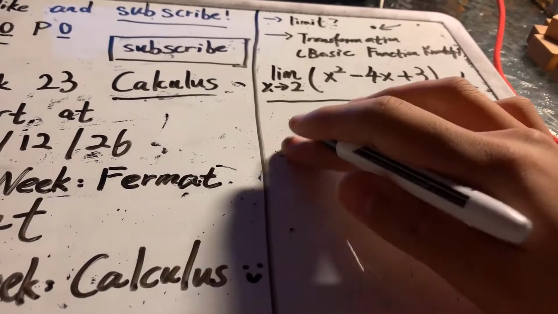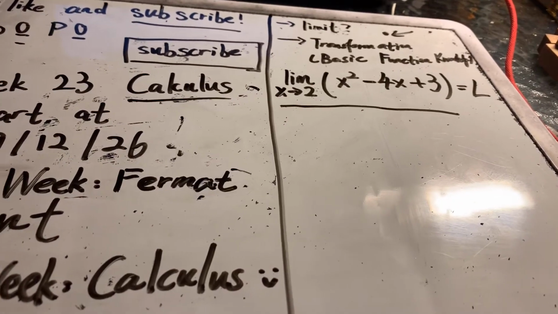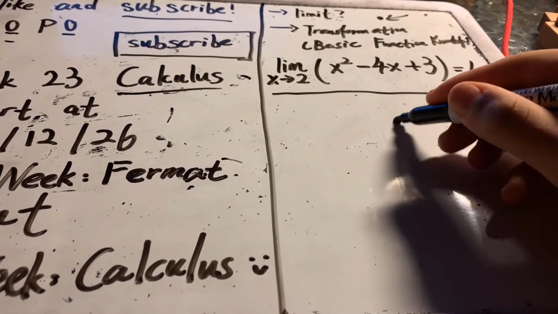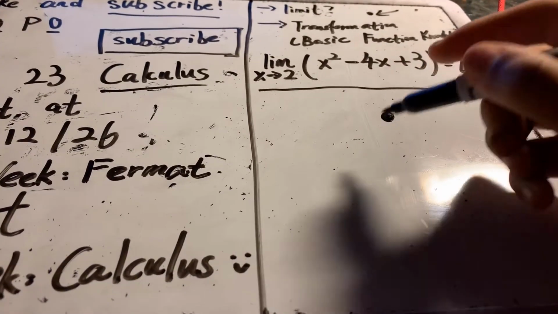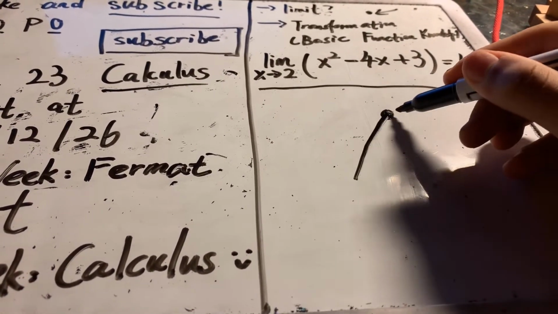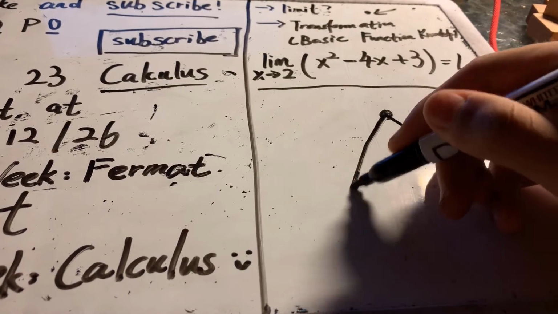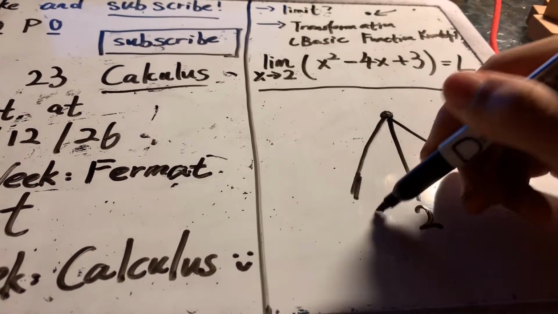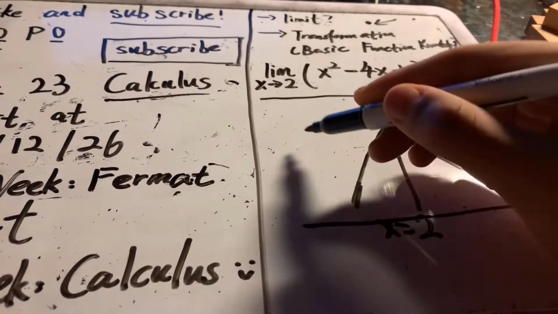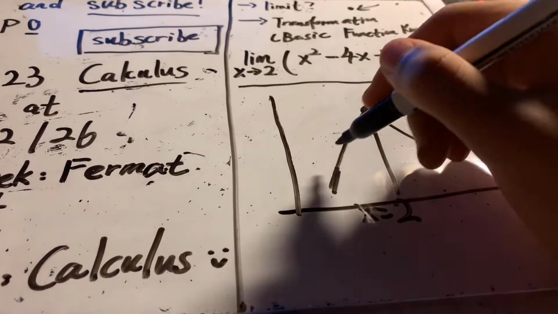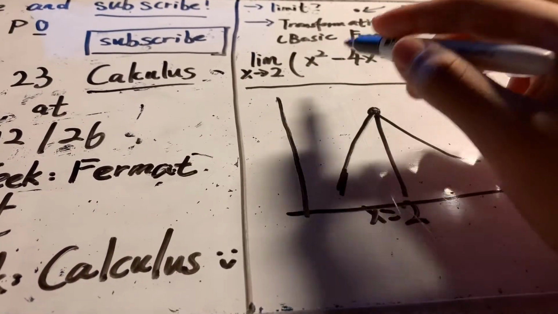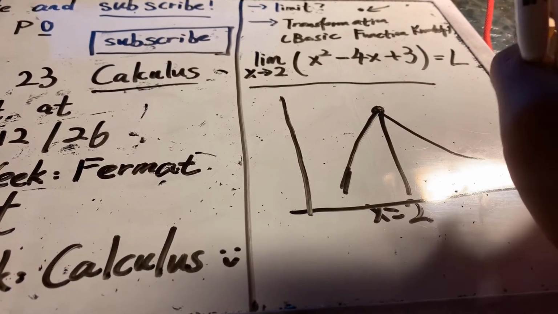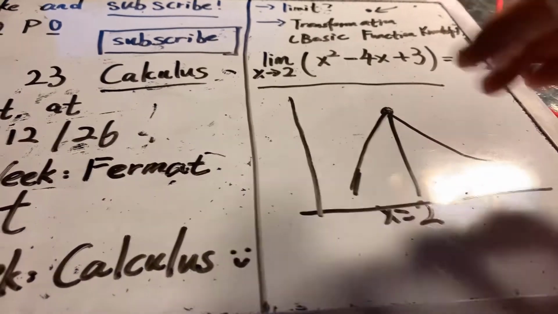The definition of a limit is that it is getting infinitely close to the value. So it is just getting infinitely close to x equals 2 on the x-axis. We know that the value of the function at x equals 2 is 4 minus 8 plus 3, which is -1.